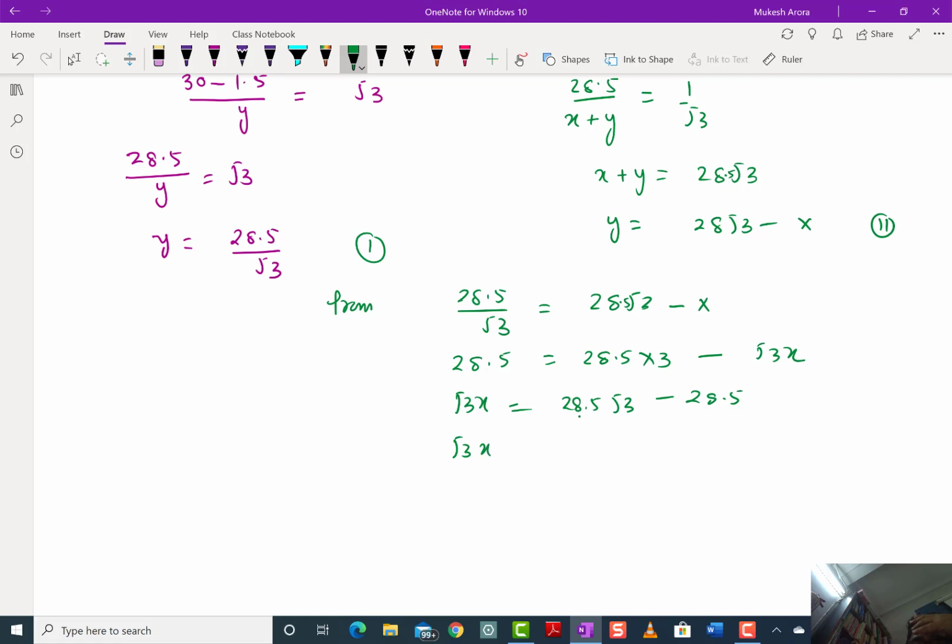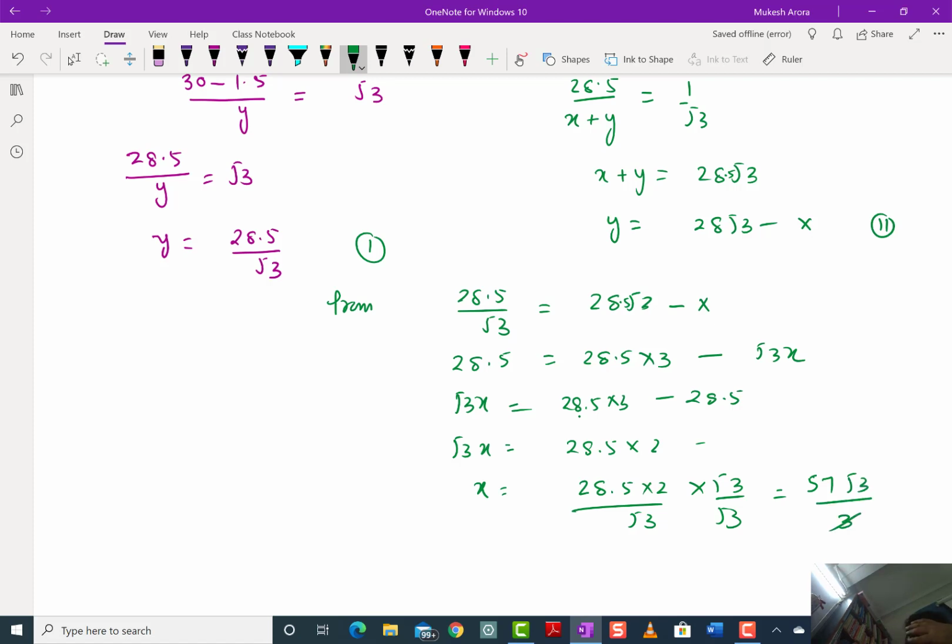So root 3X is equal to 28.5 common, root 3 minus 1. X is equal to 28.5 into 2 by root 3 into root 3 into root 3, so 57 root 3 by 3. This will be 19 root 3.